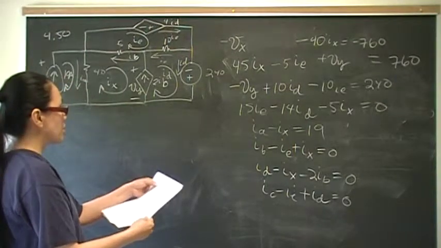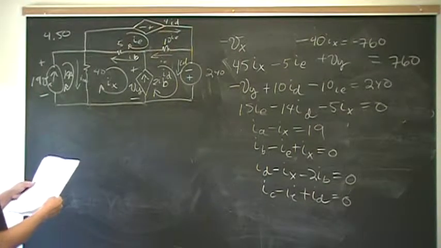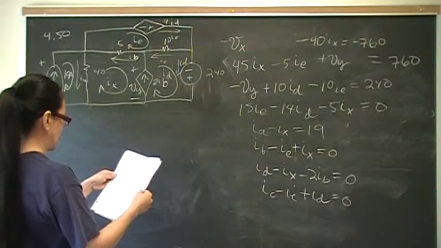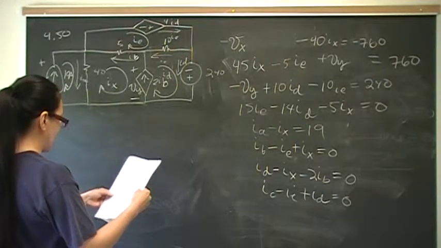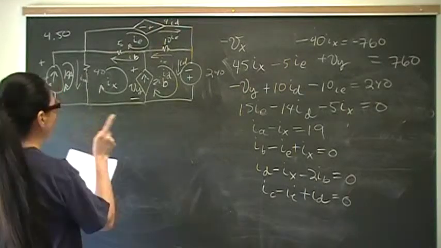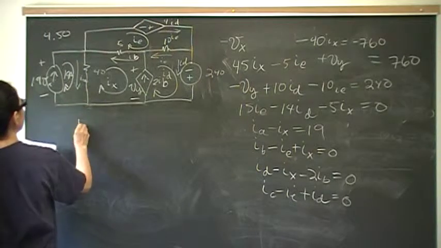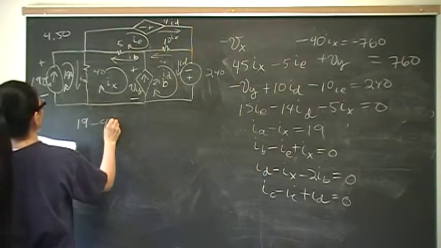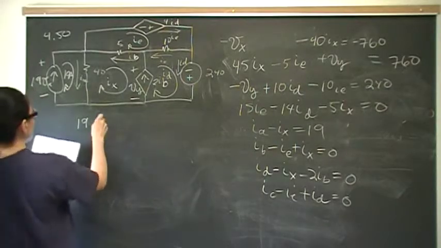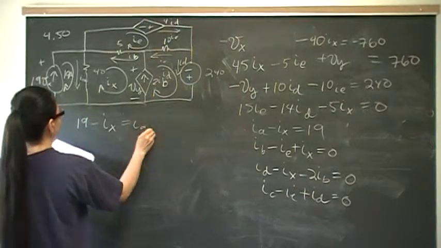Oh, IA plus IX is equal to 19. Okay, I have a problem with this equation. So IA is 19 minus IX.